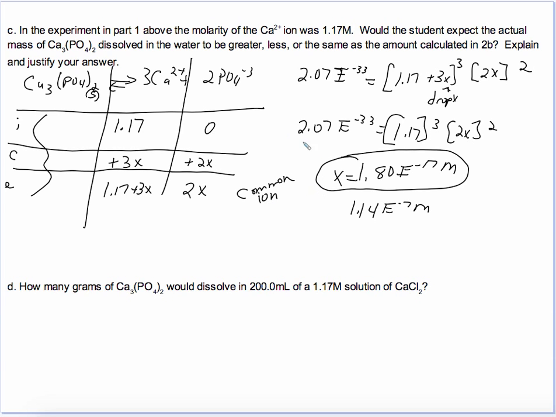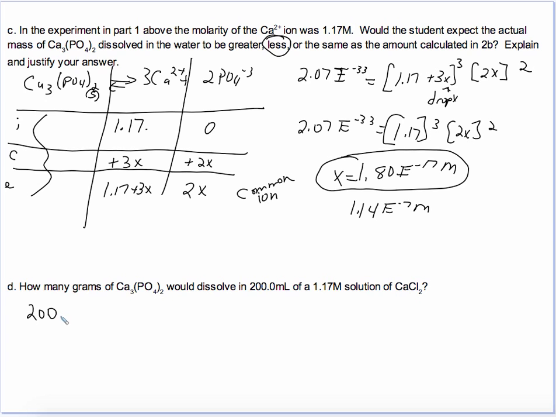There's already calcium in the water, so you can't dissolve as much. So the answer to whether the mass would be greater, less than, or the same is: it's going to be less, because you're starting off with some calcium already dissolved in the water.